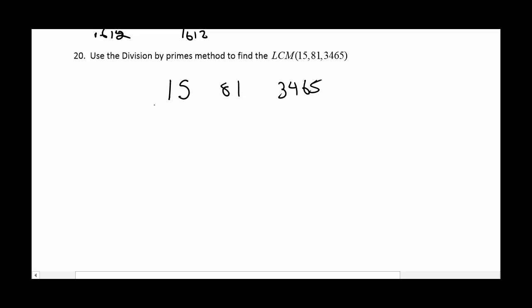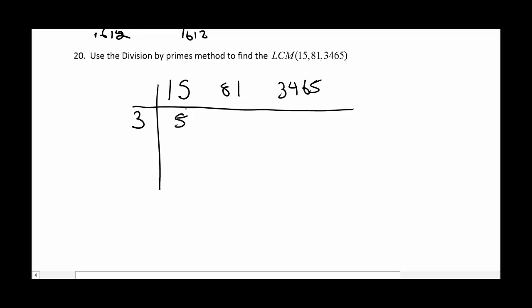Okay, and then I'm going to divide by the smallest prime number that will go into all three of them. Obviously, we're going to start with 3. And so when I divide, my numbers are going to change. Let's see, so 15 divided by 3 is 5.